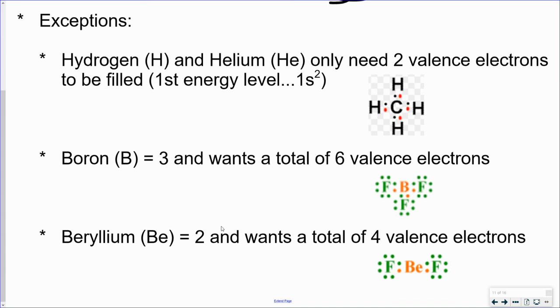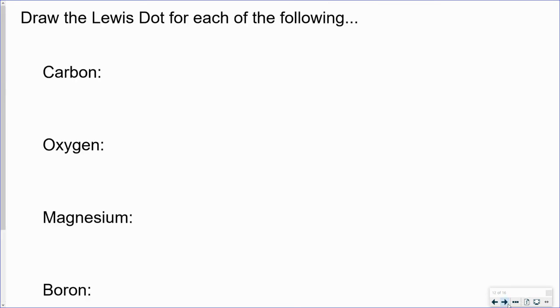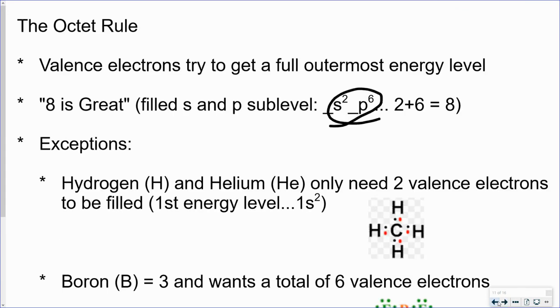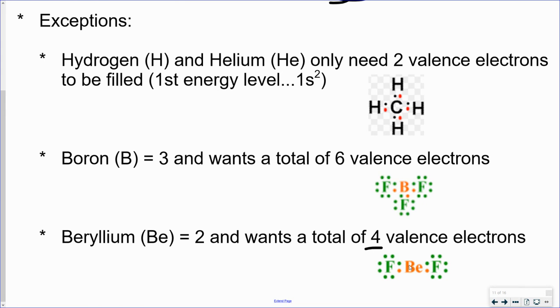And beryllium only wants 4, I'm sorry, when it bonds. Now, something else to let you know, the reason that beryllium wants 4 valence electrons is that it acts covalently. So, although beryllium is a metal, it is the only metal that bonds covalently.